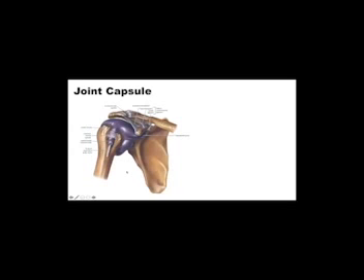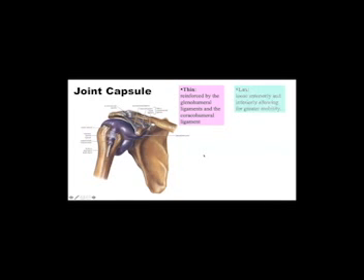The first is the joint capsule. Much like what we saw in the knee joint, there's a joint capsule which surrounds the entire joint. This particular joint capsule is a thin layer, and in the outer layer there's also a thickened portion, which is the glenohumeral ligaments. That would also reinforce the stability of the joint.